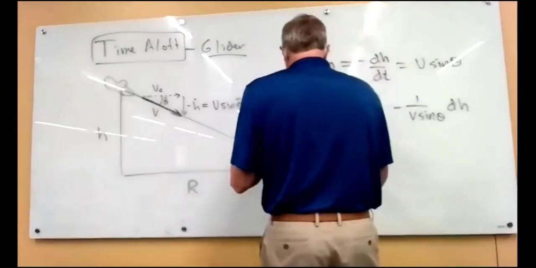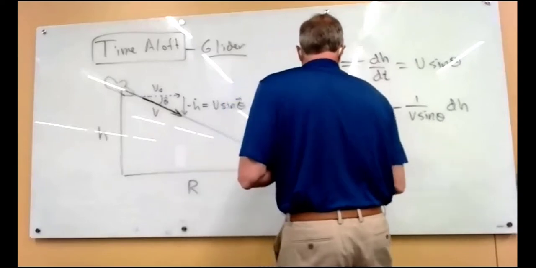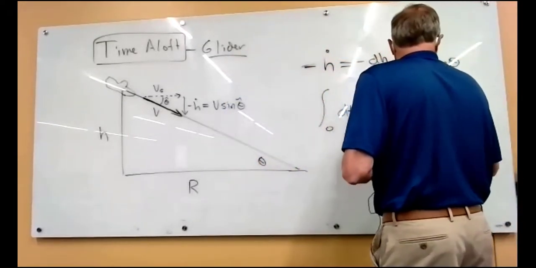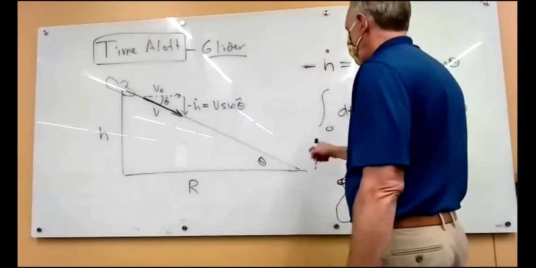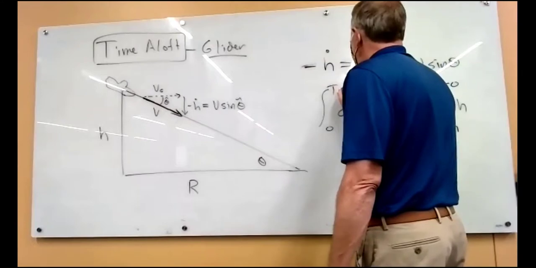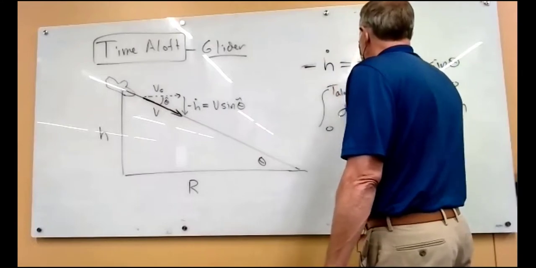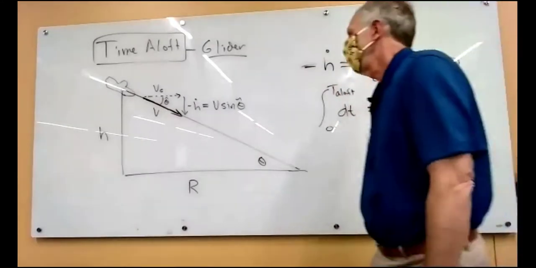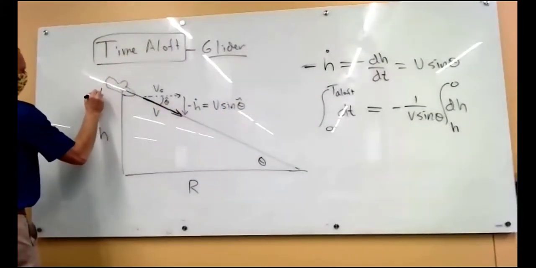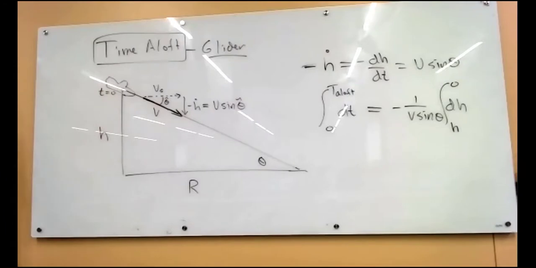So we integrate this from time 0 at altitude h to hitting the ground, which is at 0 altitude, and that is our time aloft. So at this position up here, we're at h and we're at t equals 0.